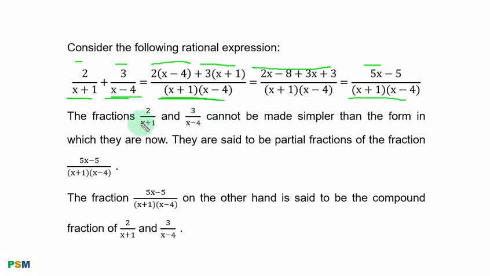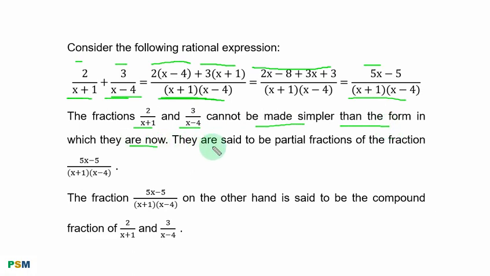The fractions 2 over s plus 1 and 3 over s minus 4 cannot be made simpler than the form in which they are now.